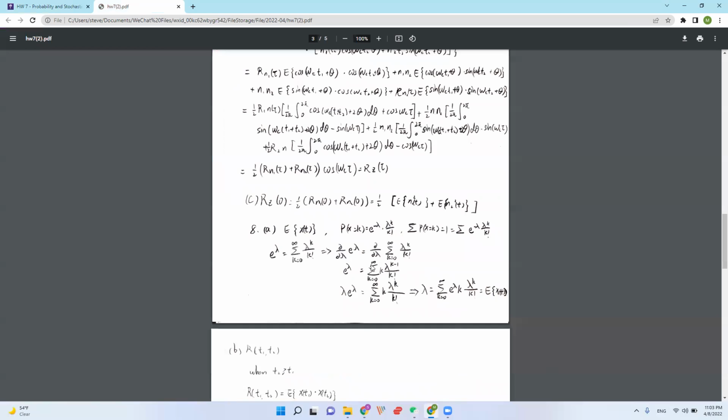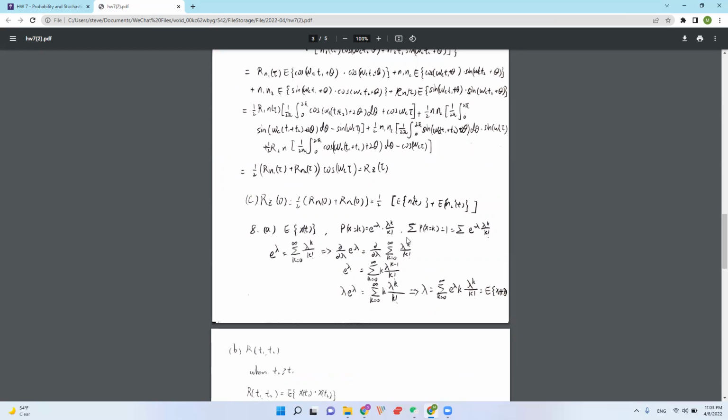So to solve this problem, we know that there are some given facts. First, we have the Poisson probability equation right over here.